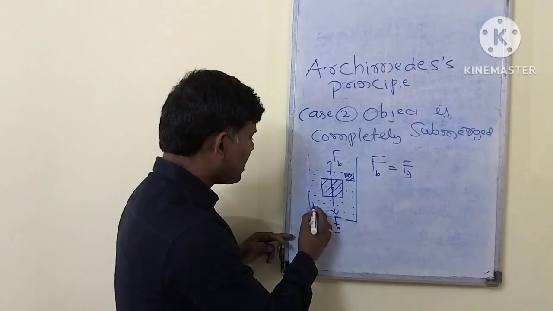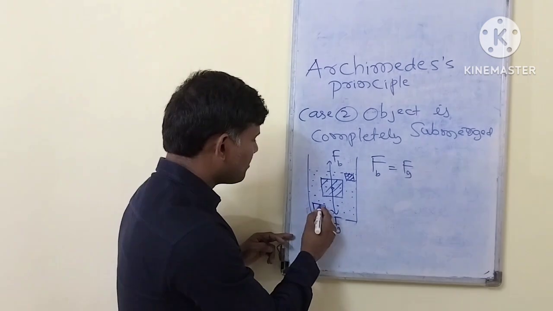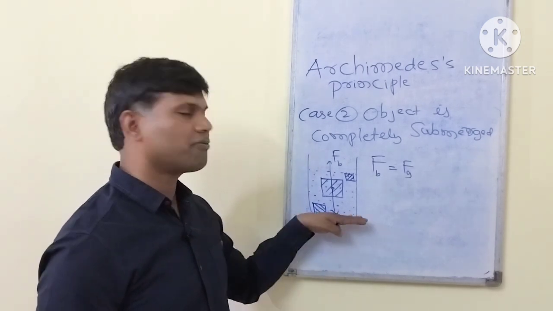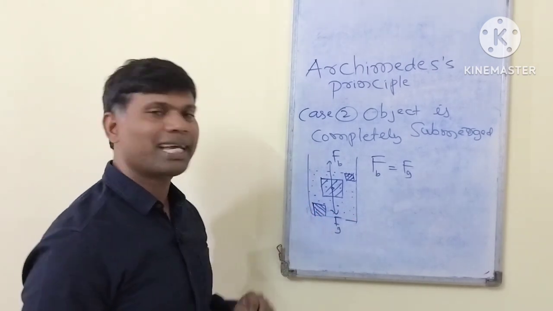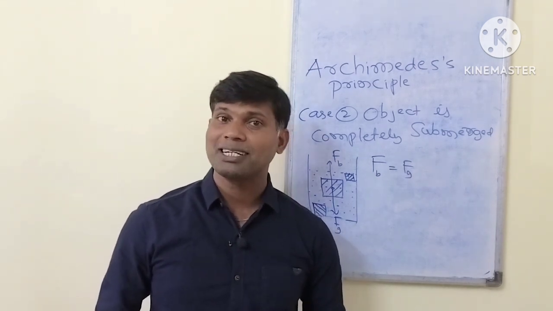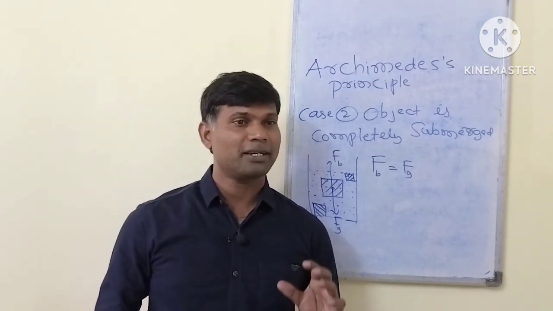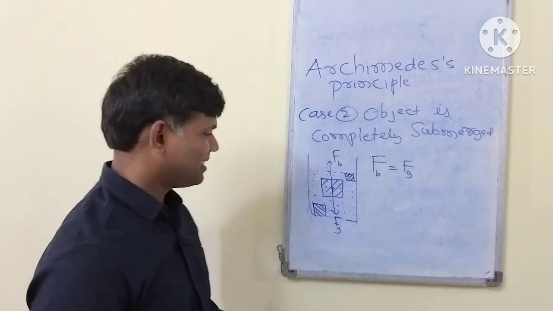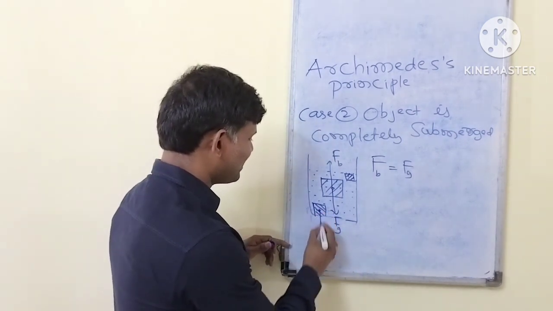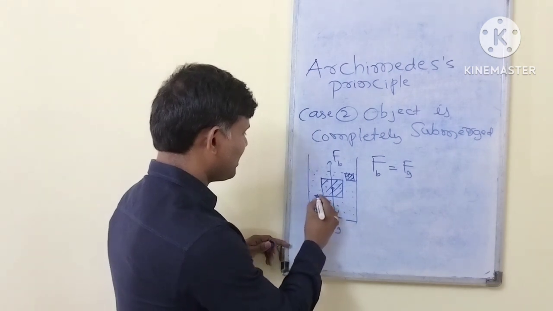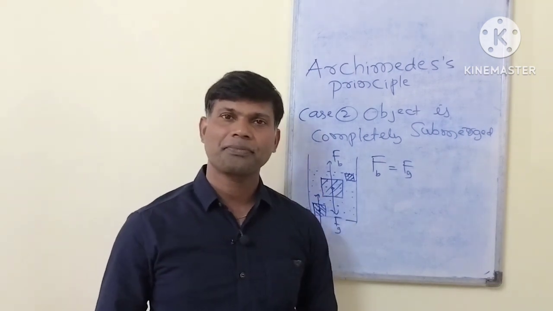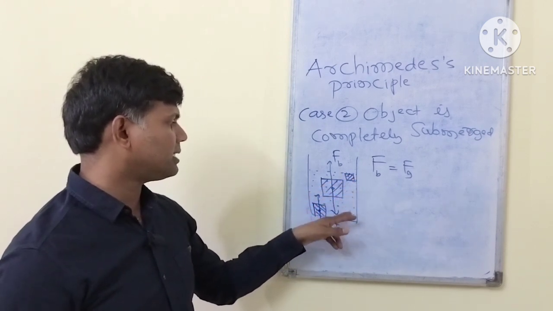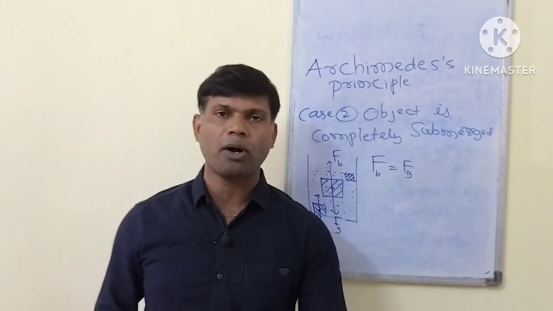You bring the object to here. One more object I am taking. This is lying on the bottom surface of the container. In this case, what can you say about the relation between Fb and Fg? There are two possibilities. Suppose you leave the object, it goes inside and settles at the bottom.